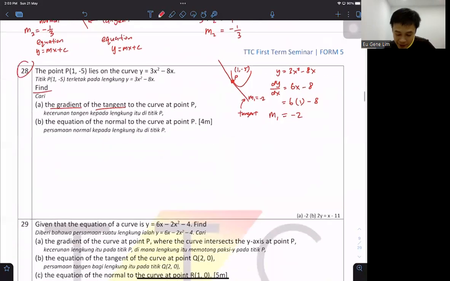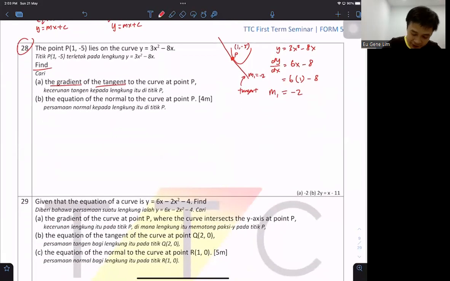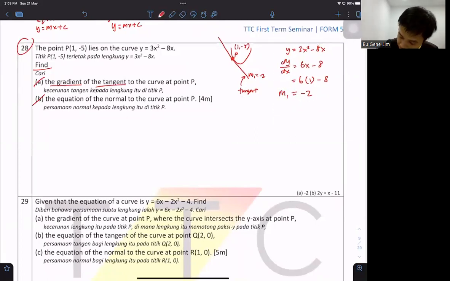Okay, that is question A already. Now next, question B. Find the equation of the normal. I use another color here, the blue color. This is the equation of the normal.